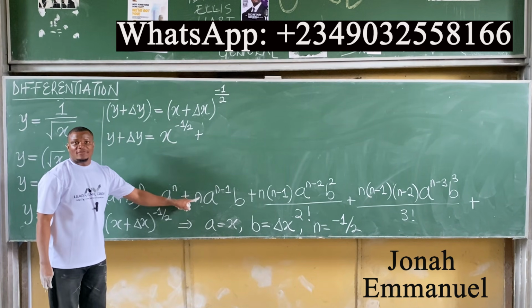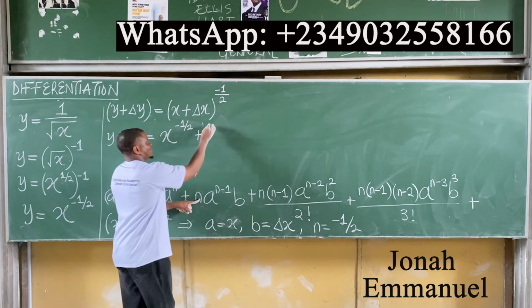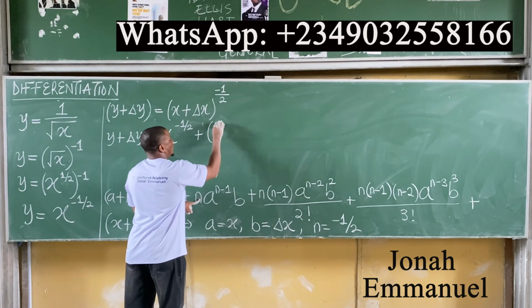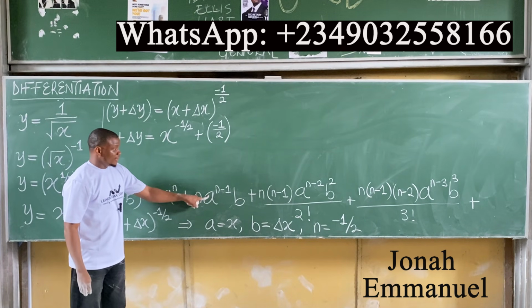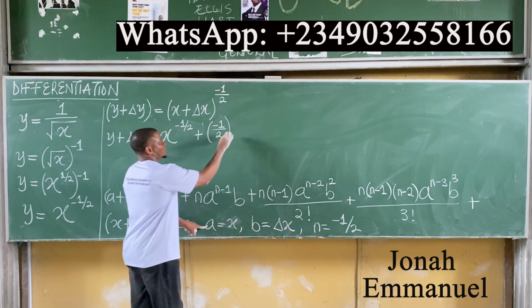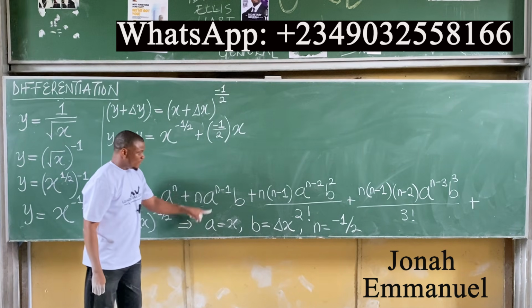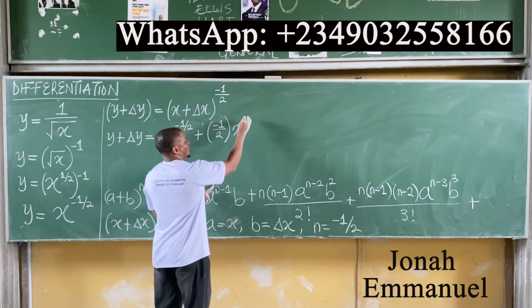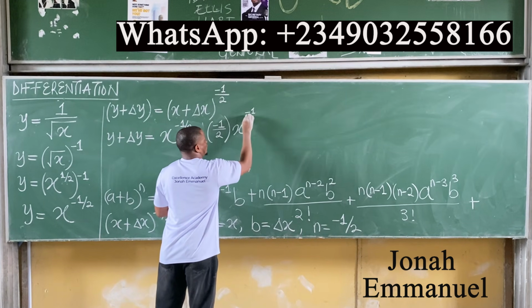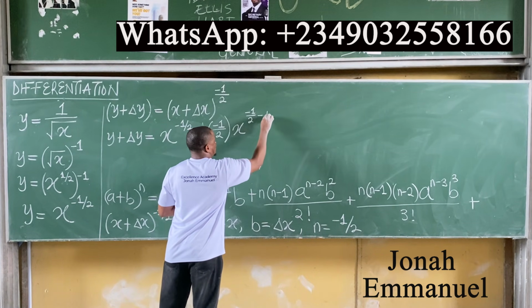N. What's the value of n? That becomes minus 1 over 2. That's n into a. What's a? A is x. So into x to power what there? N minus 1. What's n there? Minus 1 over 2 minus 1.